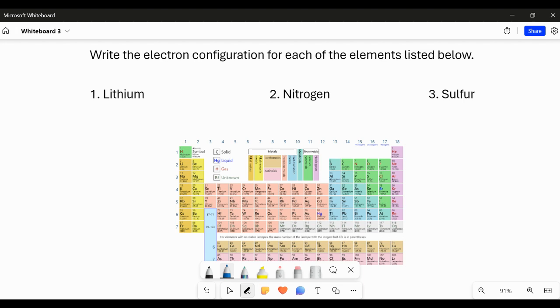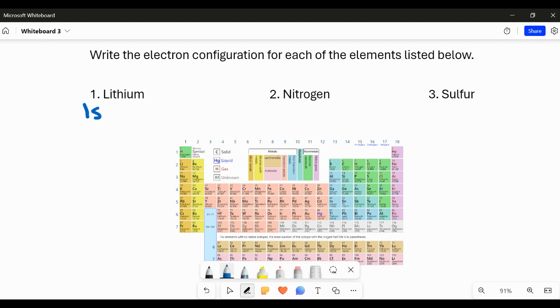Lithium is atomic number 3 right here, which means it's going to have 3 electrons. So we need to sort them into their energy levels. Now, the first energy level only has one type of orbital, the s orbital. So we're going to start by writing just 1s. The 1 is the first energy level, and the s is the s-type orbitals.